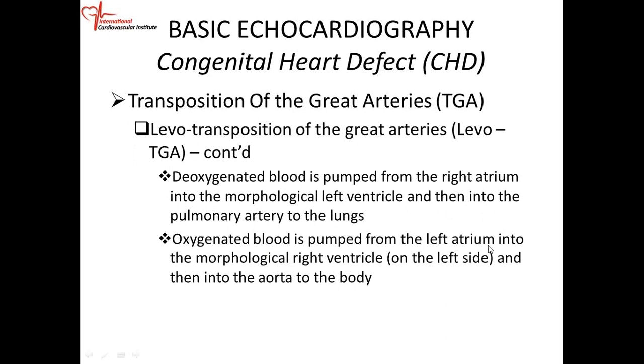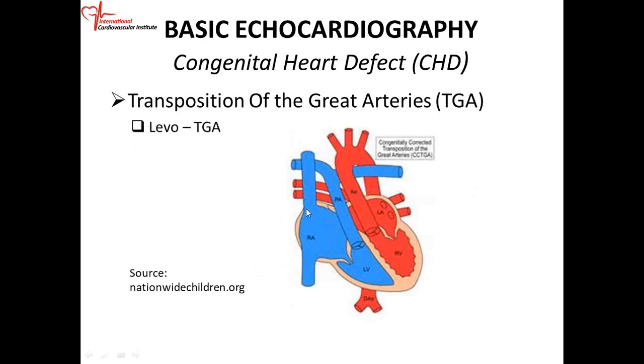Then oxygenated blood is going to pump from the left atrium into the morphological right ventricle and into the aorta. Okay, so this is your L transposition, which is different from your D transposition. So the RV is now on the left, but it's pumping blood into the aorta. The LV is on the right and it's pumping blood into the pulmonary artery.